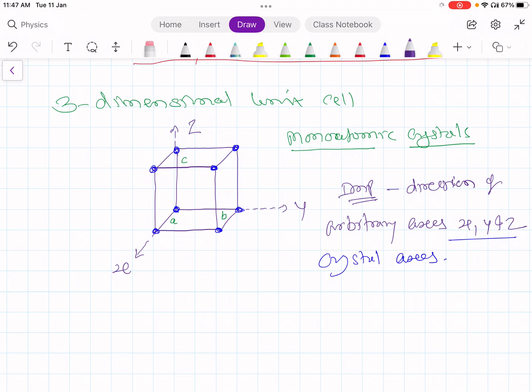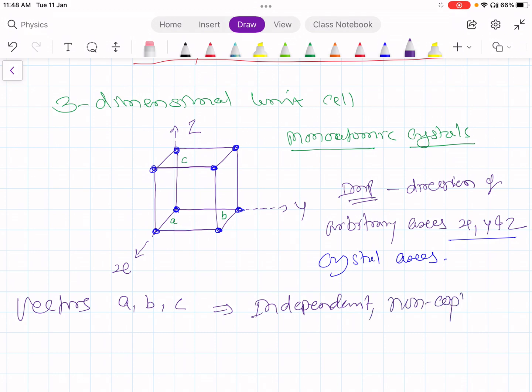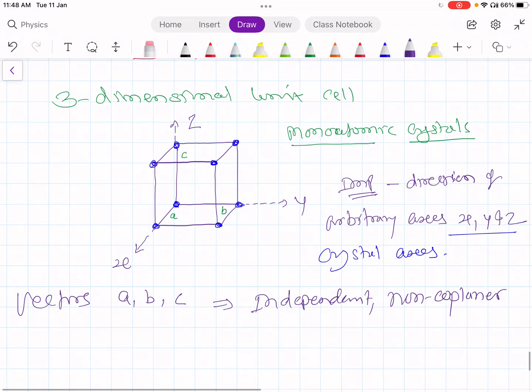And these vectors A, B, and C are independent, non-coplanar vectors, and are called crystal or lattice axes.